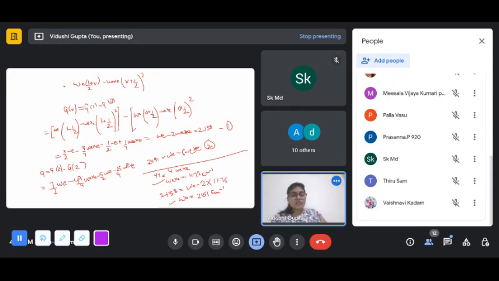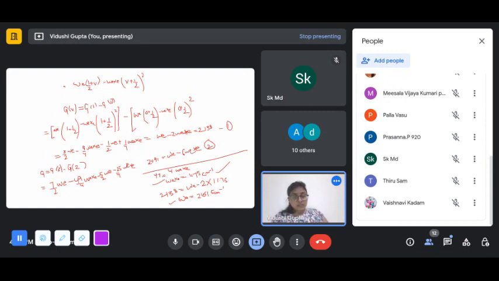If you equate these two equations, omega e will cancel out. 2138 minus 2091, it's 47 centimeter inverse, equals 6 omega e x e minus 2 omega e x e, which is 4 omega e x e. So 47 by 4 equals omega e x e, and omega e x e will be 11.75 centimeter inverse. This is the value of the anharmonic constant.